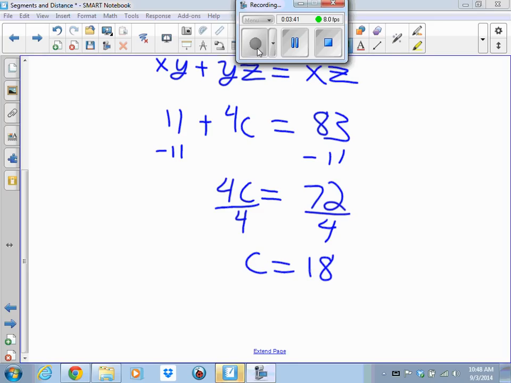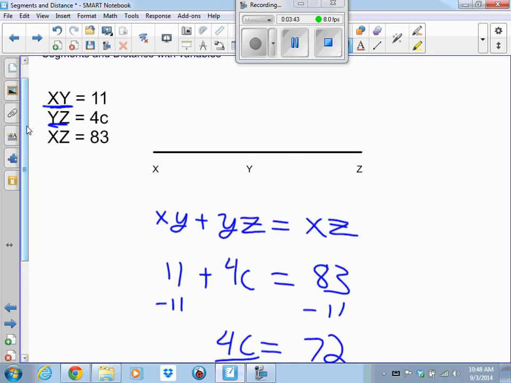So now on here, guys, we're going to go back and plug it in, and we're going to make sure that it makes sense. So xy is 11. This guy is 4c, but this is 4 times 18, which is 72, and then our whole line segment is 83. So 11 plus 72 does equal 83.